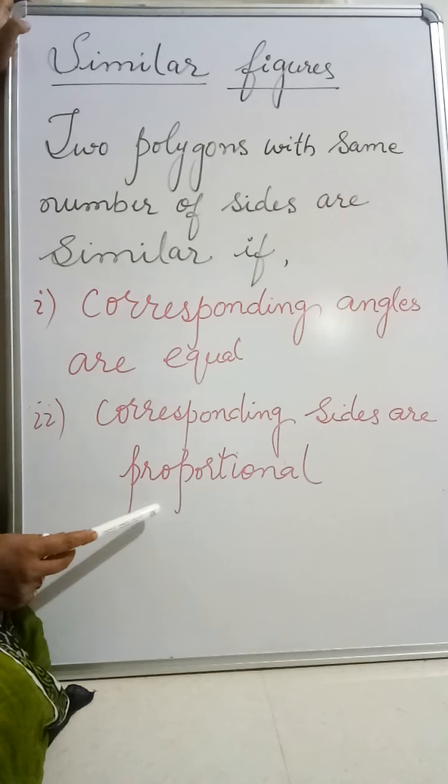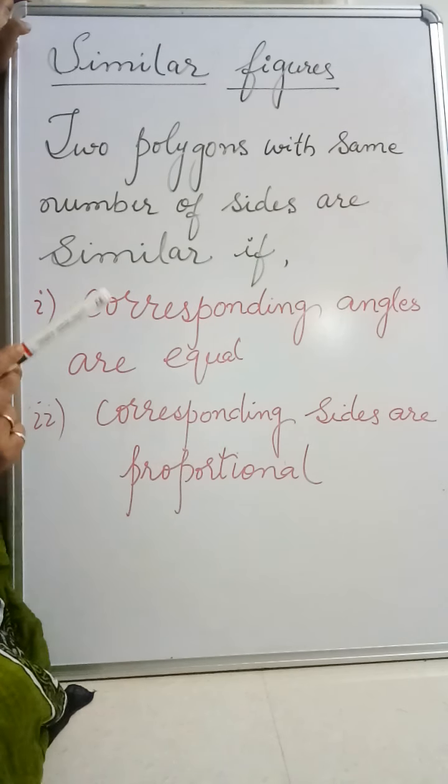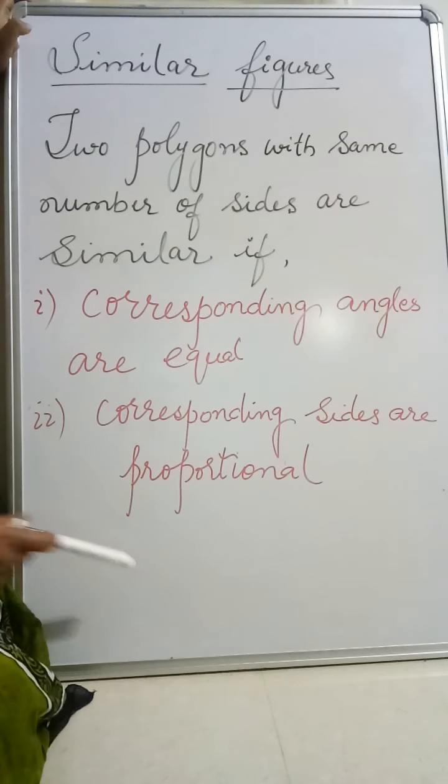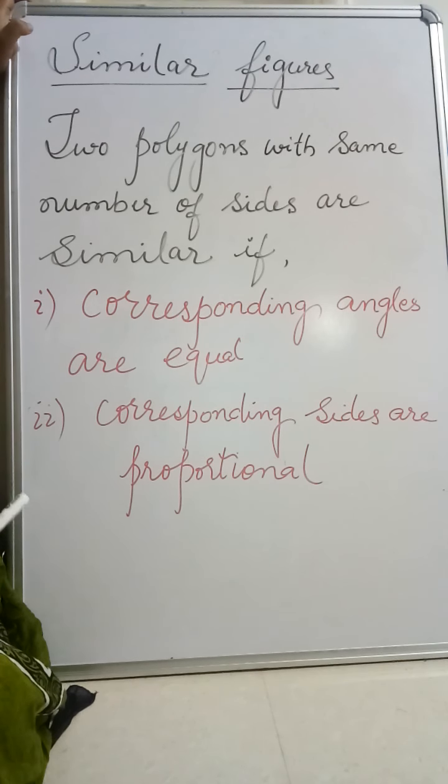What is proportional? I said, if two ratios are equal, then they are said to be proportional. Once again, I repeat, children, a very important definition. What are similar figures? Two polygons with the same number of sides are similar if and only if their corresponding angles are equal and corresponding sides are proportional. But here in 10th standard, we are dealing mainly with triangles.